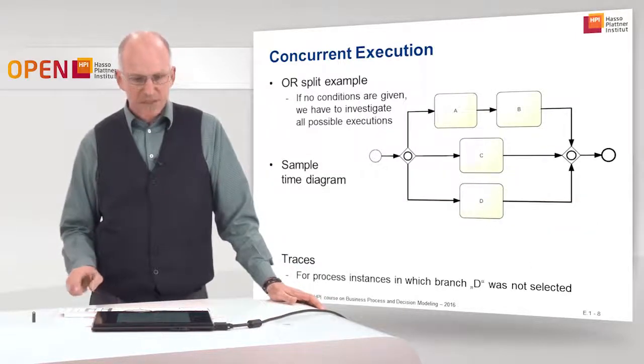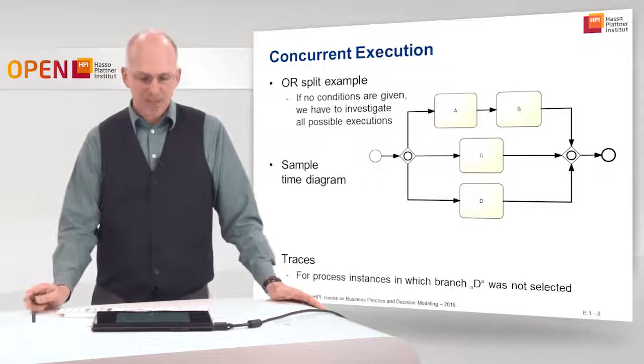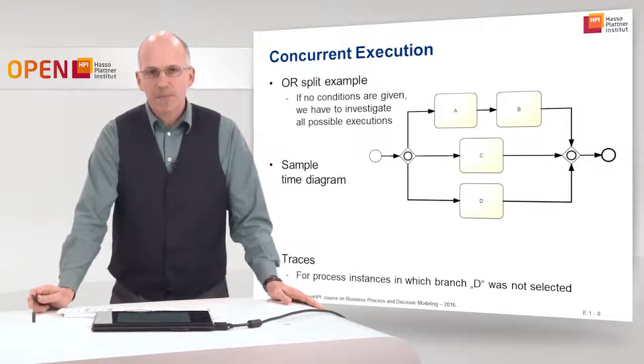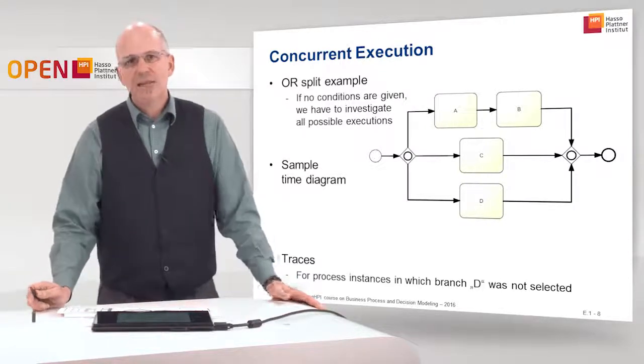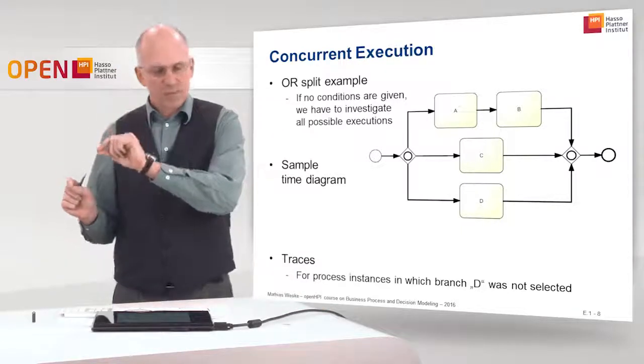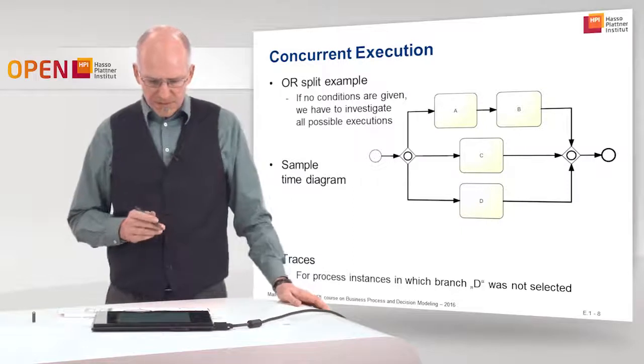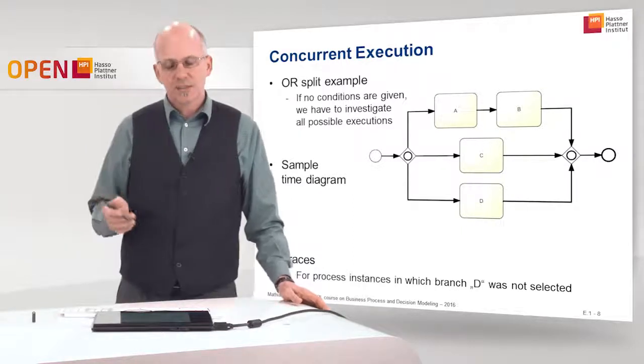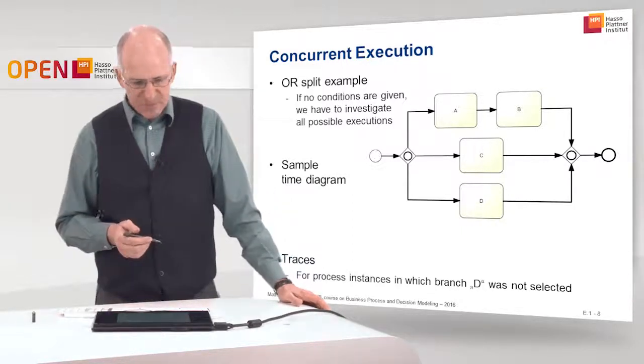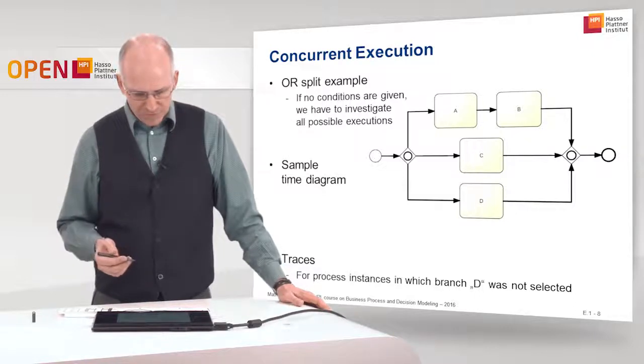All right, but in the example and also in the homework, we investigated the OR split. And the OR split allows any number of outgoing branches to be signaled. So in order to investigate what the OR split does, we have to investigate all possible executions.